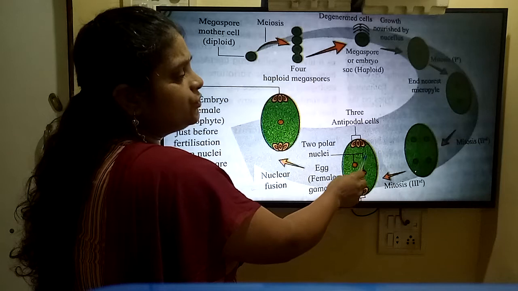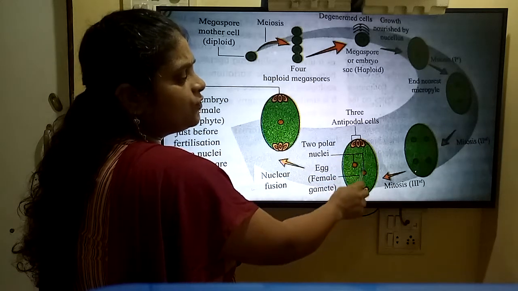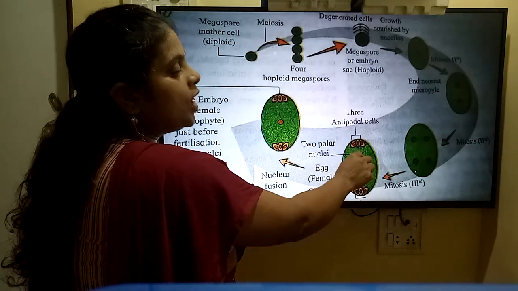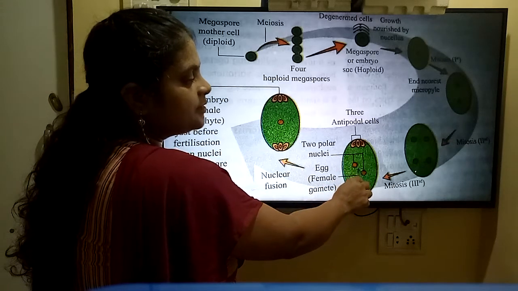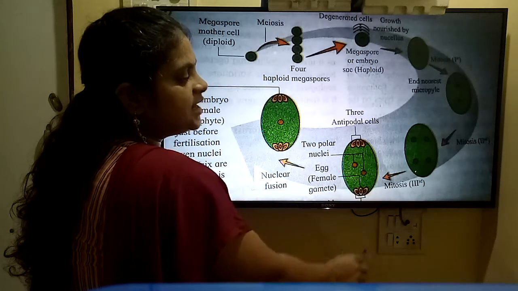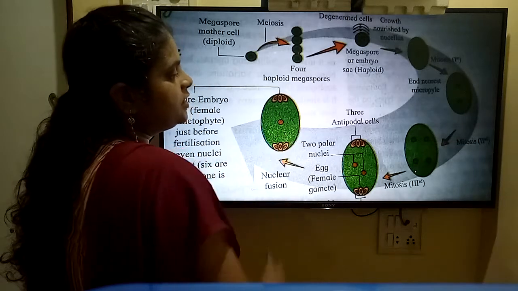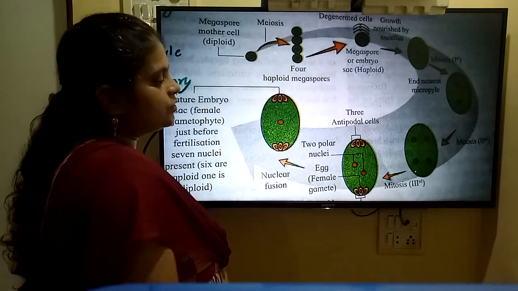Out of these 8 nuclei, 4 nuclei are present at each pole, and one nucleus from each pole migrates towards the center. Here they unite, or fuse, and form the secondary nucleus.